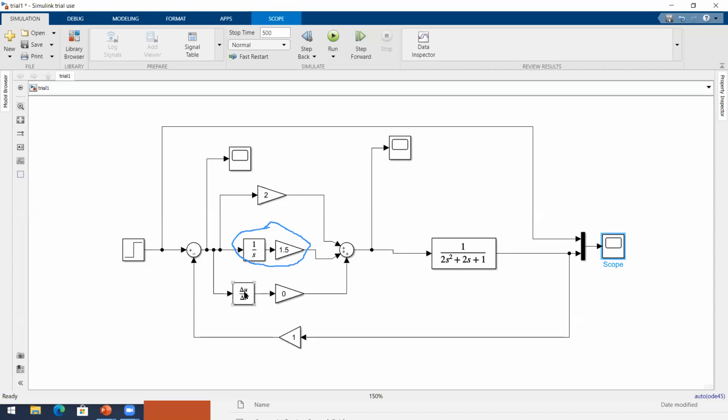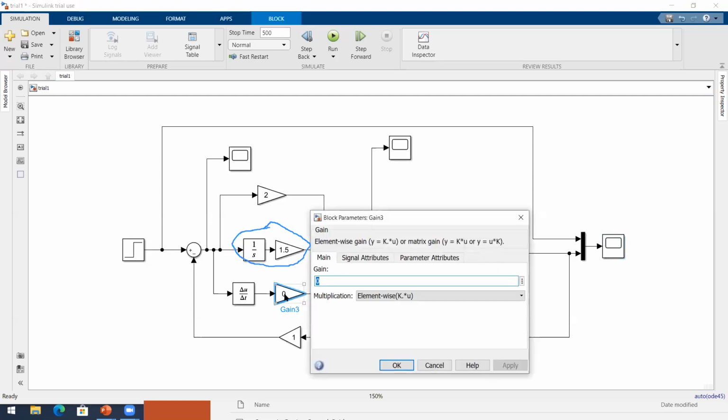It takes the difference of the error, that is, the current error minus the previous error, not the desired output, divided by a small delta t, and multiplied by the gain here.